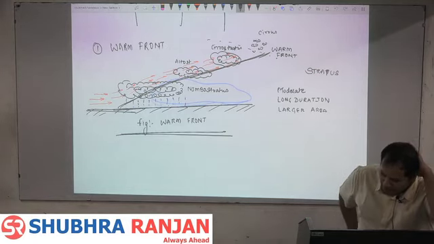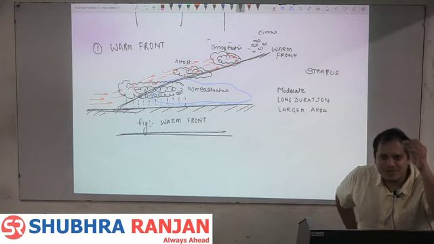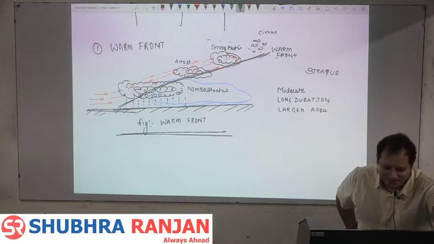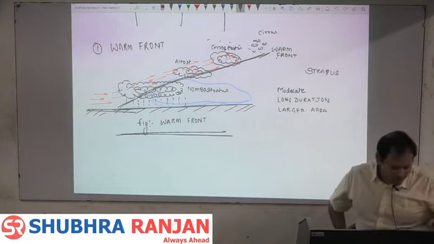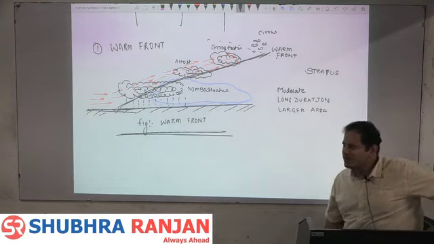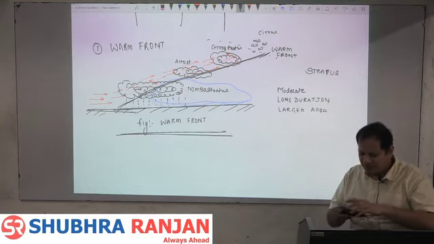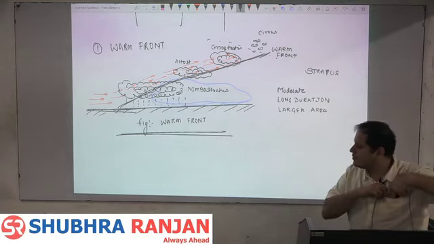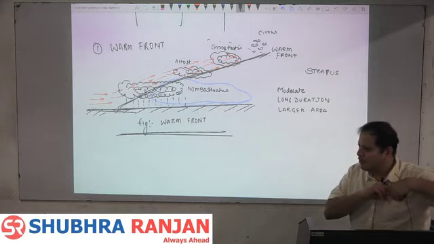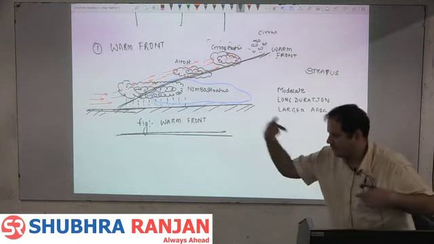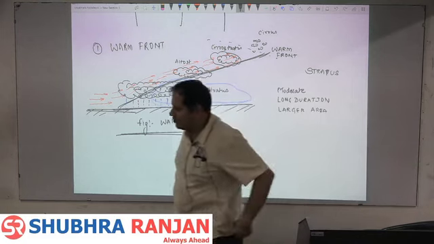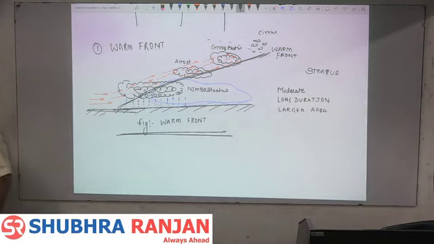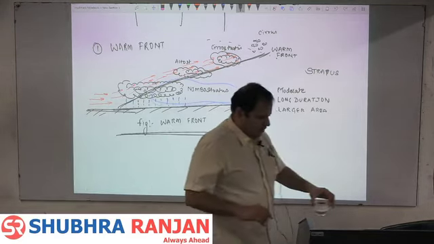Gently sloping frontal surface in which there is active movement of warm air over the colder air.